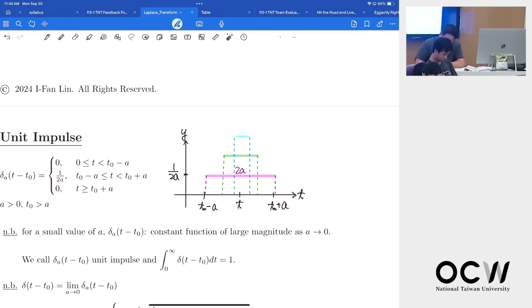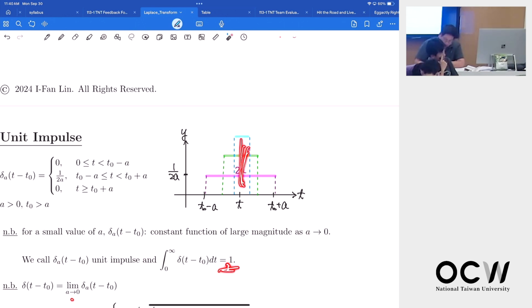We call this delta a of t minus t naught the unit impulse. When I take the integration, which is the area of this region, it will be 1.